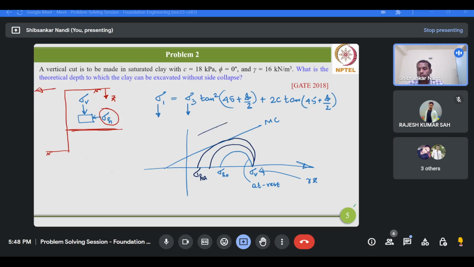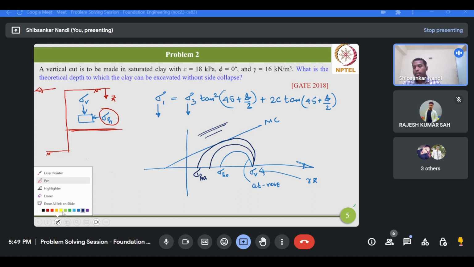The soil cannot exist above the Mohr-Coulomb failure envelope. This is the limit. So the Mohr circle touching the envelope gives you the lateral earth pressure corresponding to the active condition.